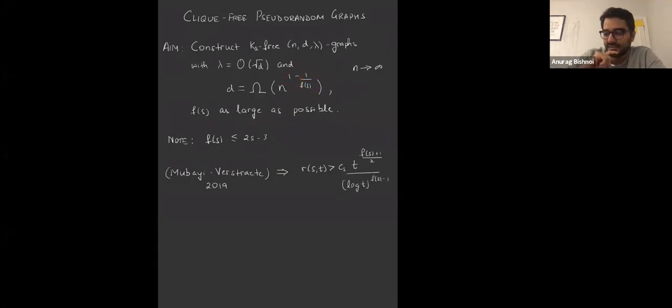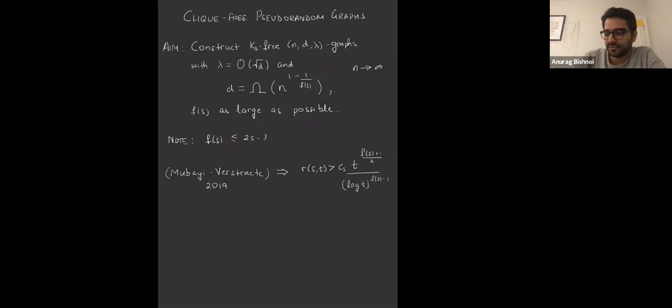In the last exercise, we showed that f of s can't be bigger than 2s minus 3, and I mentioned this in the lecture as well. So ideally we would want to construct something with f of s equal to 2s minus 3. The motivation we went for in these lectures was determining the off-diagonal Ramsey numbers.